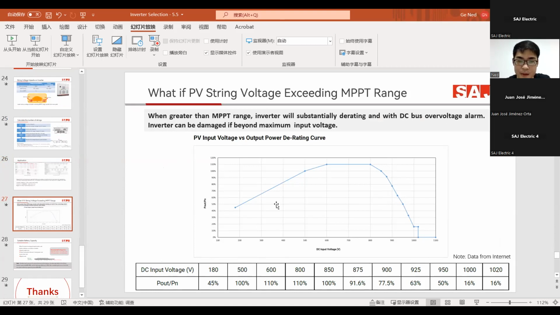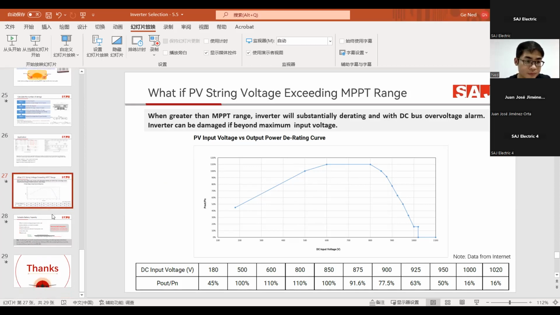And if your voltage is not enough for the full load MPPT voltage range, it still cannot hit 100% output. As you can see here, it's a chart from another inverter manufacturer. Only within this range, like 500 to 850, can you get the full load.